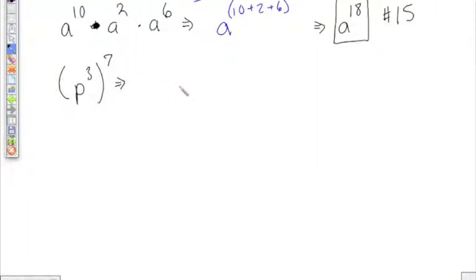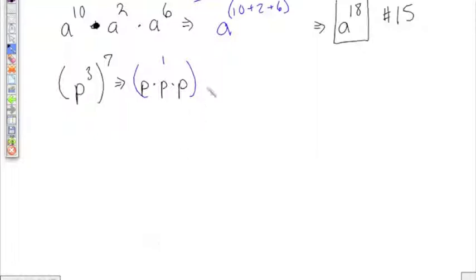What is my actual base number taking place? P to the third power. So check this out. It's P times P times P, which is actually going to happen how many times over? 7. So here's one of them.